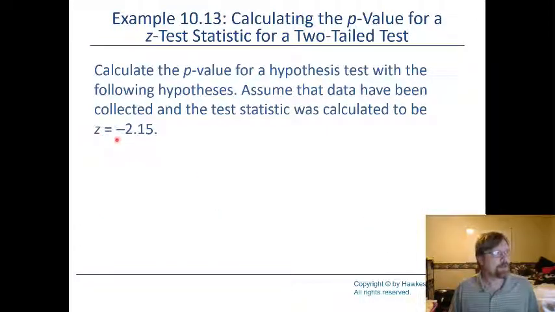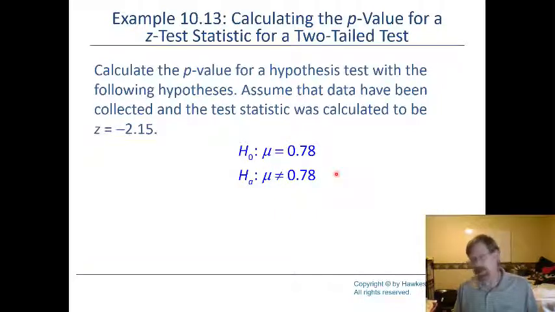We've got a z-score of negative 2.15. The null hypothesis is that the mean is equal to 0.78. The research hypothesis is that the mean is not equal to 0.78, so we're dealing with a two-tailed distribution here.